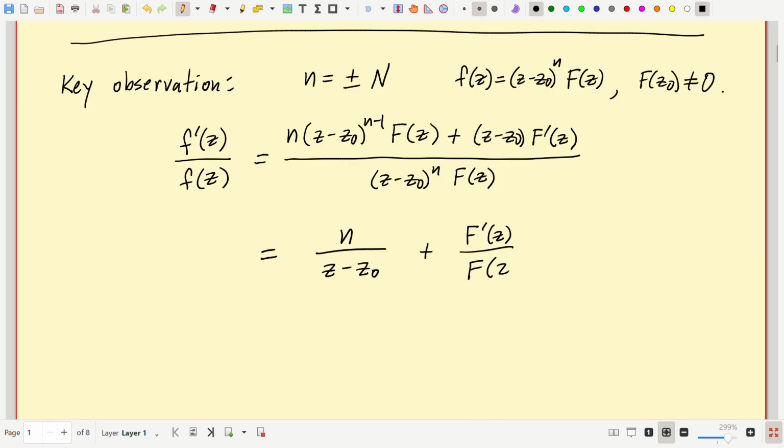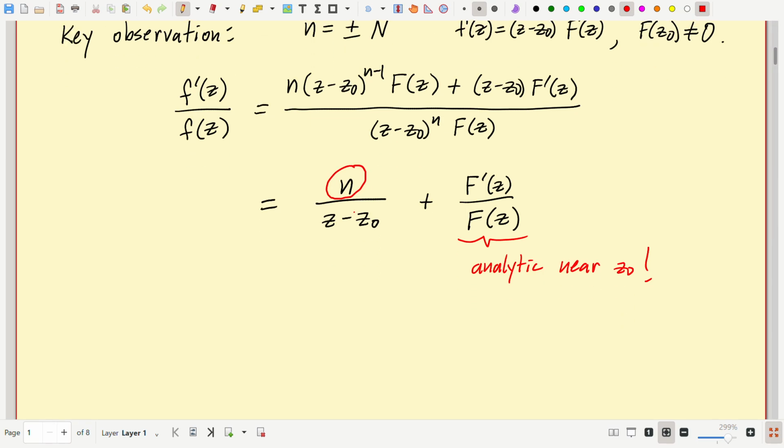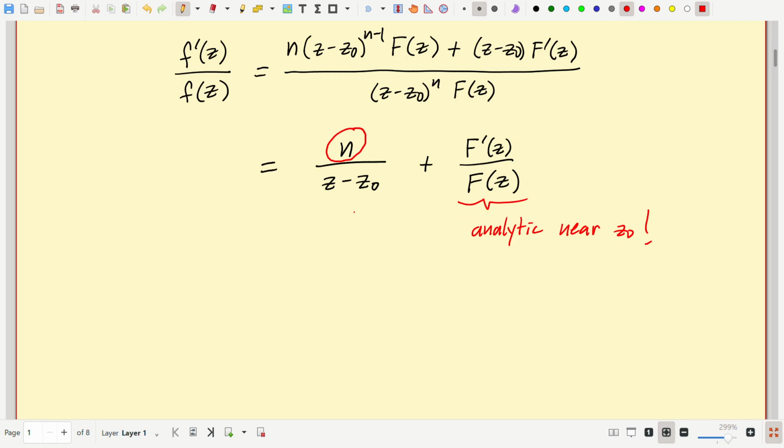So this is analytic. And so, of course, it would be given by a power series. So it's analytic near z0. And we see that the residue term there is n. So fascinating observation here.